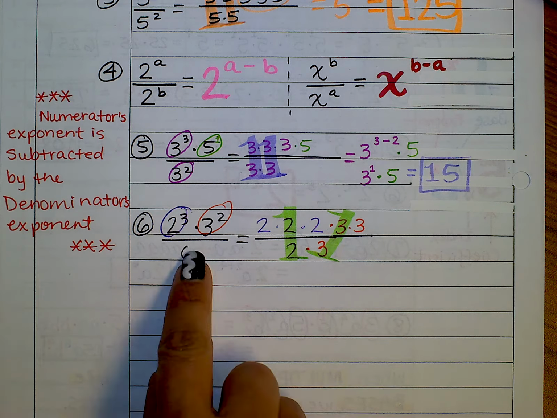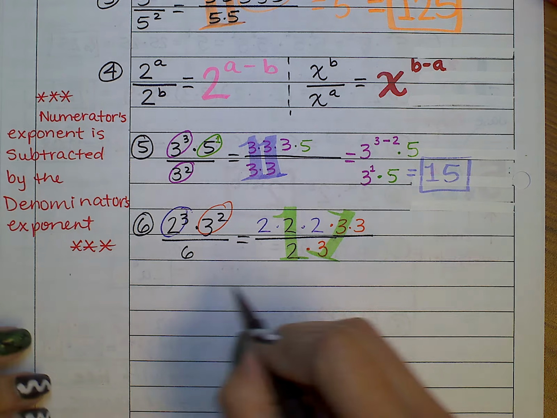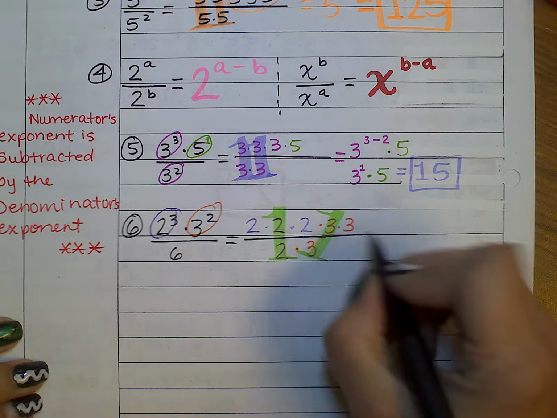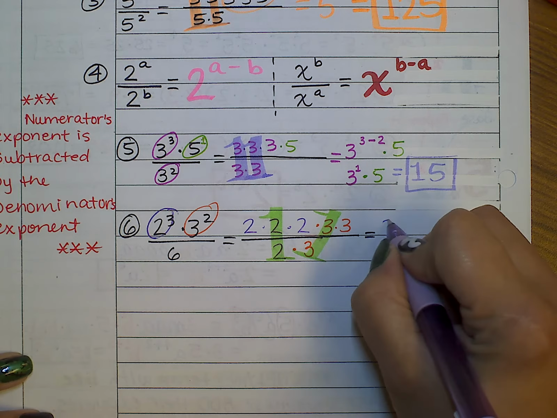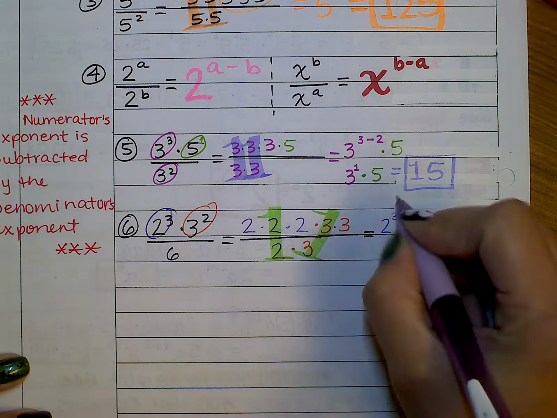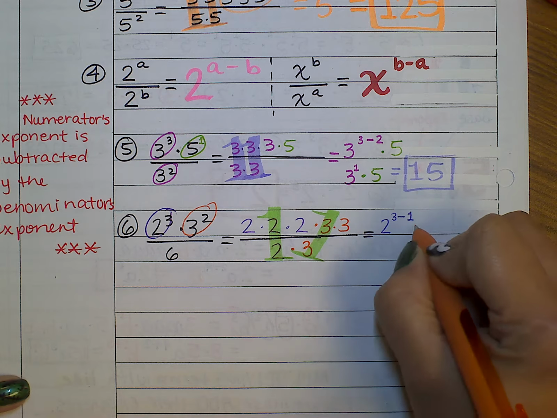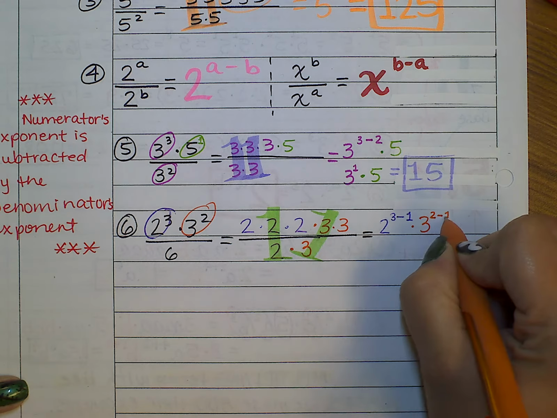Now, if I wanted, I could have broken this down to say, I think I'll write it over here where I have a little bit more room. Just continue over here. That would have been 2 cubed minus 1. So yes, I would have had to factor it. Times 3 squared minus 1 again.